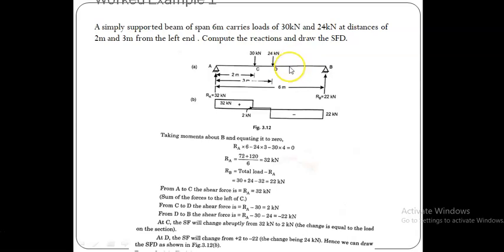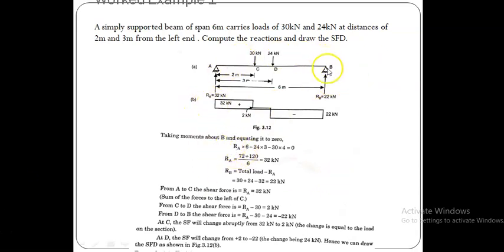Suppose I take this point. I can write the equilibrium equation sigma M equal to 0, and I can also use the sigma M equal to 0 equation at support B. So I use sigma M at support B equal to 0, and I write the equation RA into distance, with a plus sign, because here I use the positive sign for clockwise moments.